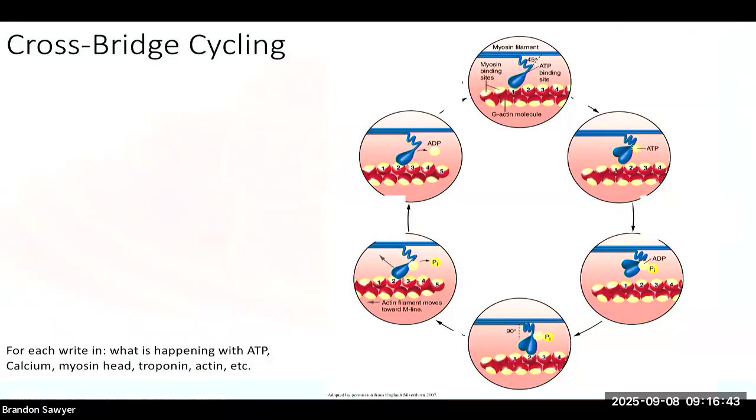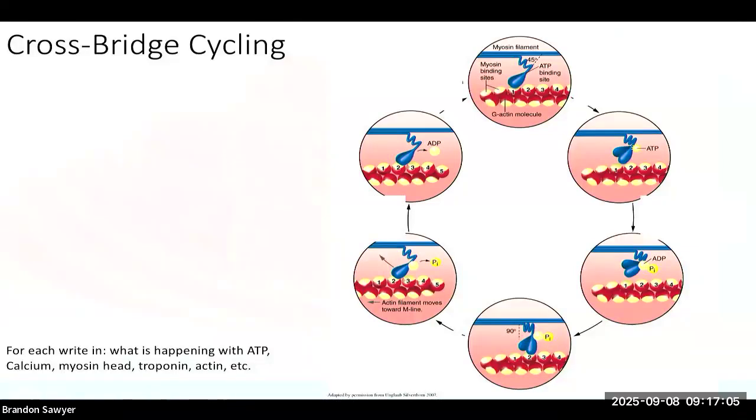But after it power strokes, it can't be like that until a new ATP comes in. Yeah, exactly. And it'll stay attached as well. The myosin head will stay attached to actin and it'll stay in that 45-degree angle position until the new ATP comes. Yep, exactly.